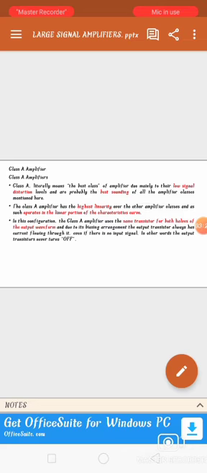The main configuration in the Class A amplifier is that it uses the same transistor for both halves of the output waveform, and due to this, the output transistor always has current flowing through it, even if there is no input signal.